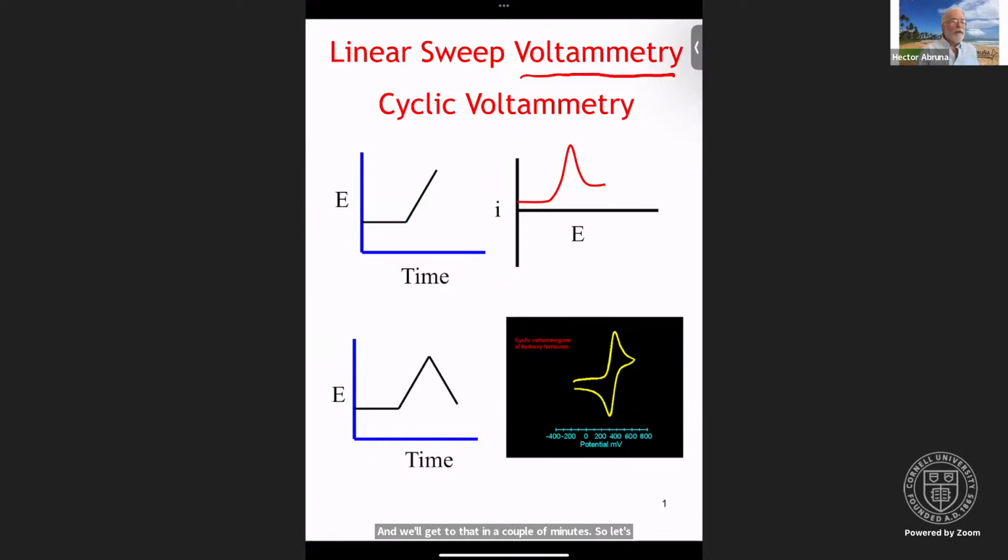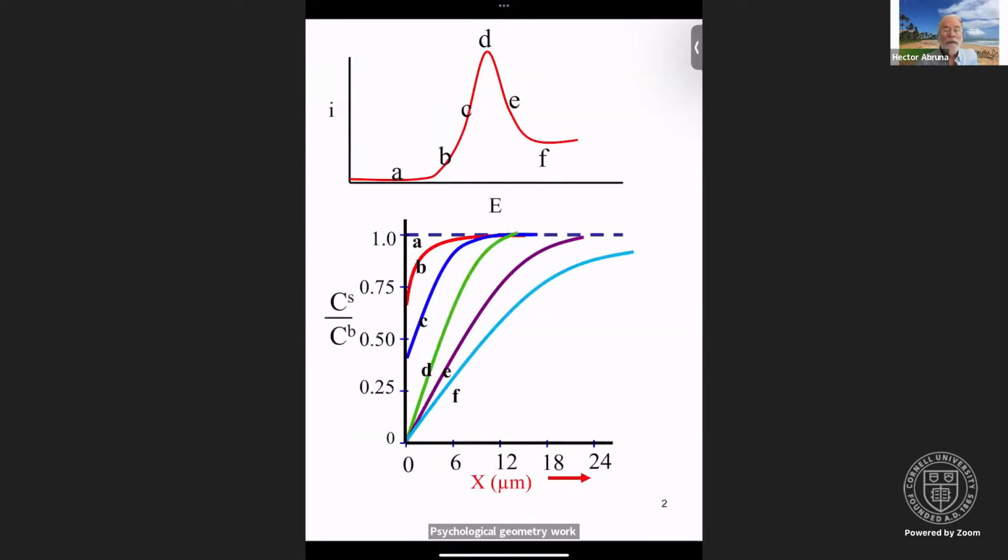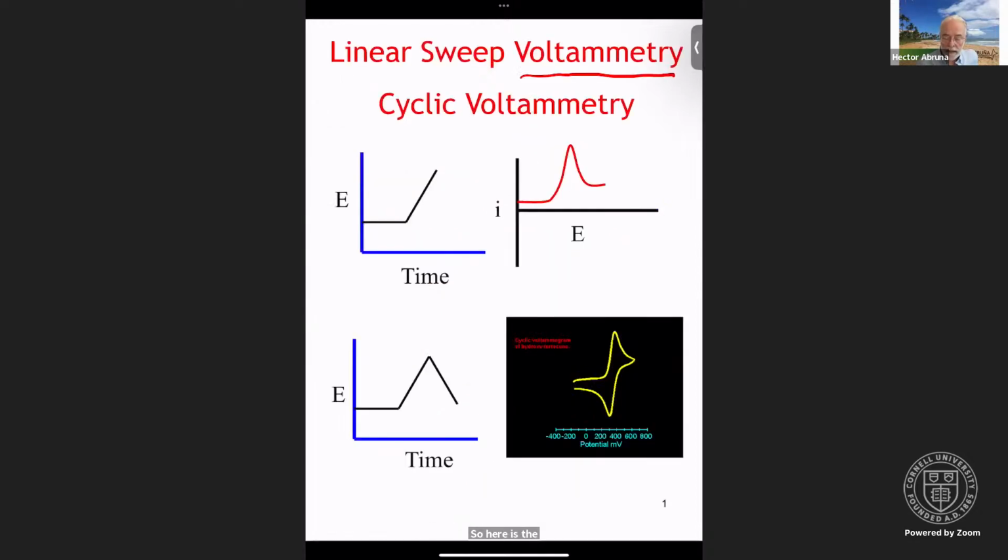So how does cyclic voltammetry work? Here is the profile that we showed before.